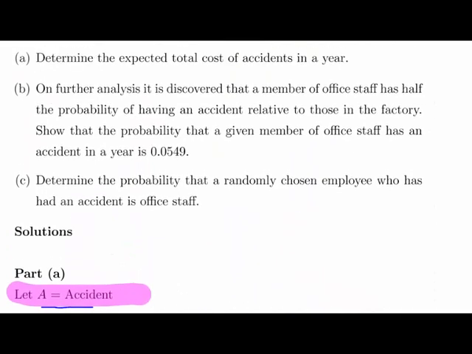The second and third question is, on further analysis, it is discovered that the members of office staff have half the probability of an accident relative to those in the factory. Show that the probability that a given member of office staff has an accident is 0.0549, and then we determine the probability that a randomly chosen employee who has an accident is office staff.